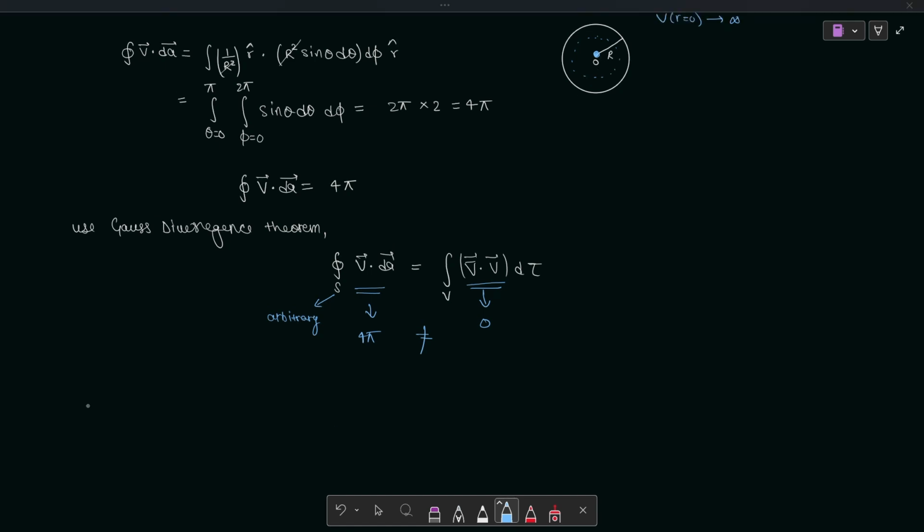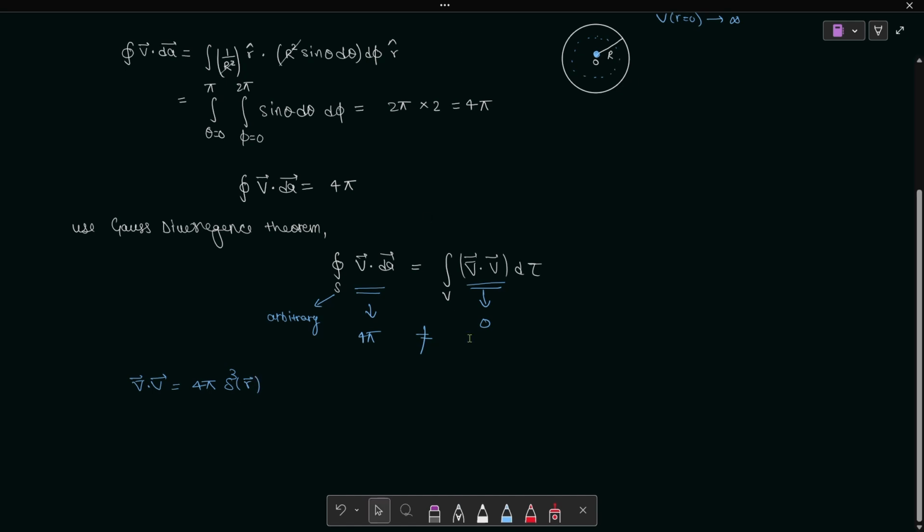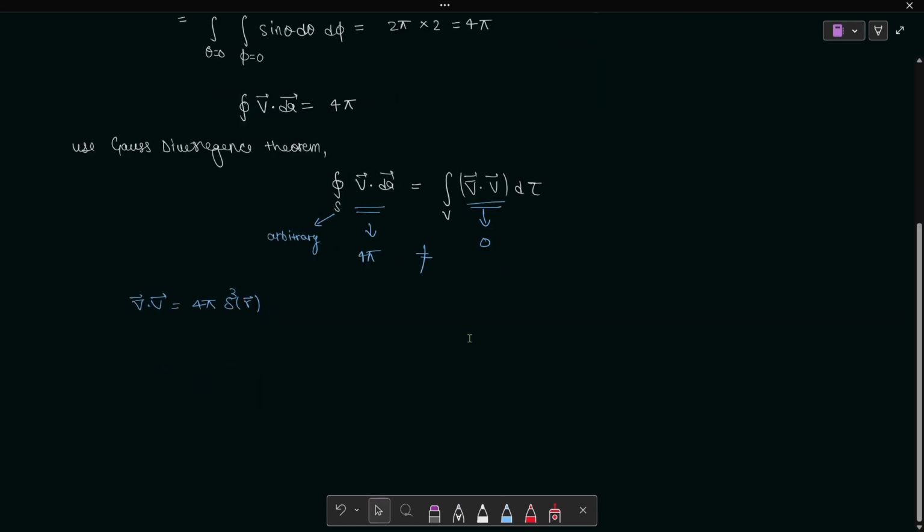So this suggests to us that this divergence of v must have this type of form, 4 pi and a Dirac delta function which is centered at the origin. Now why this 4 pi factor is there, I will tell you. So what you can do is take the volume integral of this side. So that will be the integral of del dot v d tau.